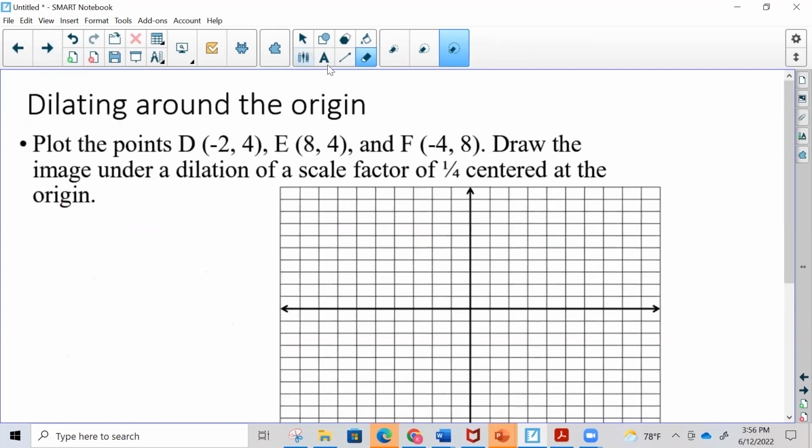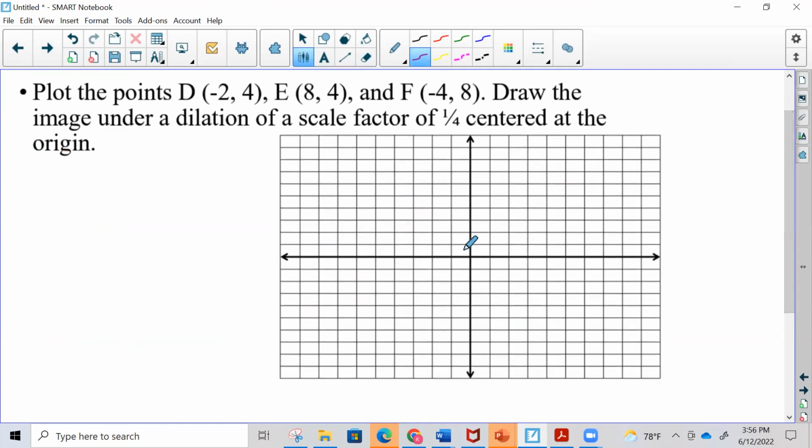Okay, so for another one, we'll do the same thing. Plot the points D, E, and F. Draw the image under a dilation of a scale factor of 1/4 centered at the origin. Okay, so D is negative 2, 4. Again, I'm just going by 1 for each of these.